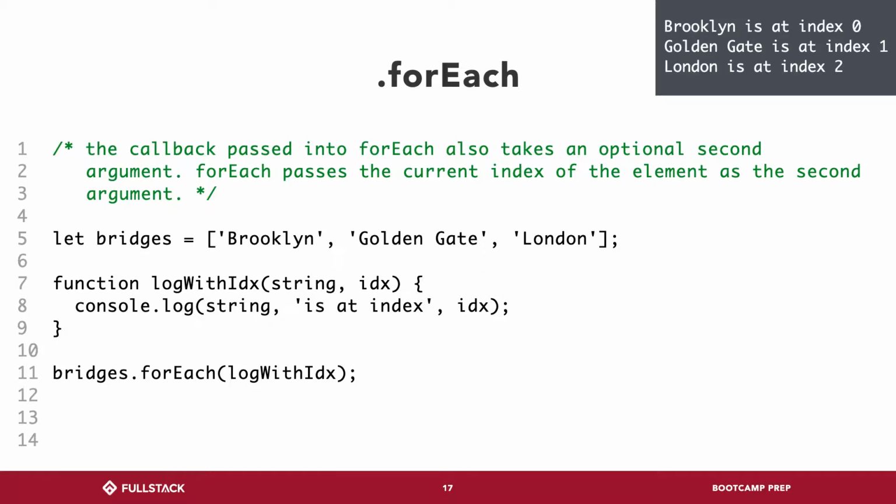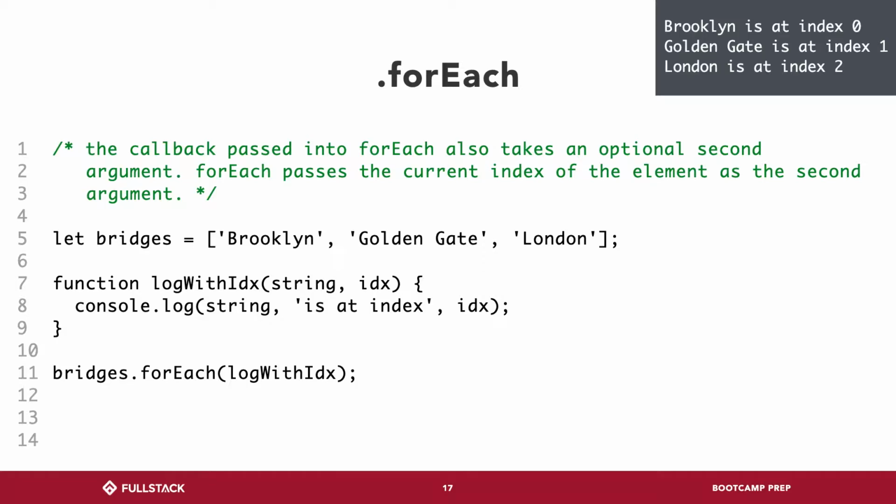So, let me walk you through this example, nice and slow, okay? You define bridges, right? Bridges is an array of three things, all strings: Brooklyn, Golden Gate, London, okay? Then you're going to define a function, logWithIndex. This function takes in a string and takes in an index. So, an index is probably a number, right?